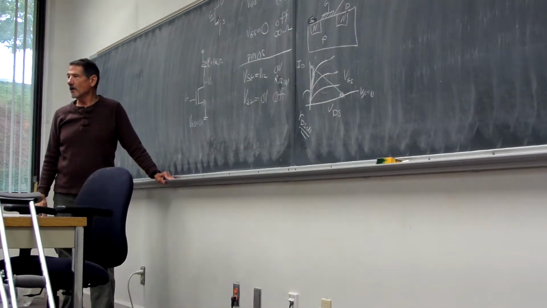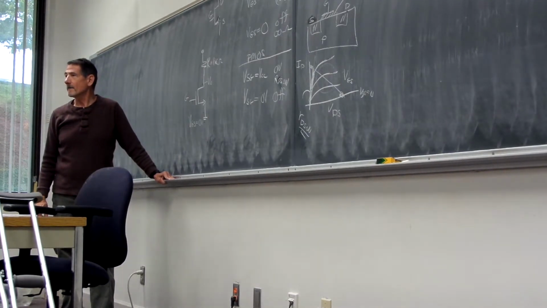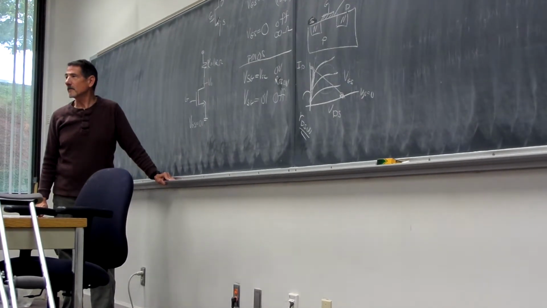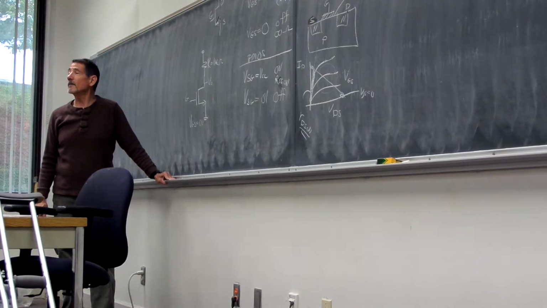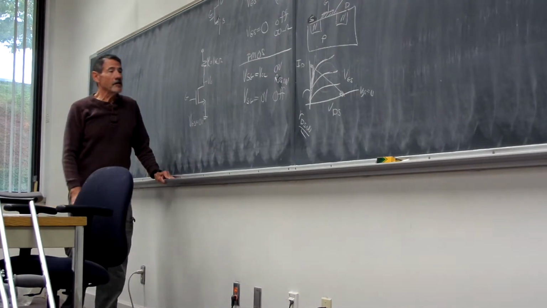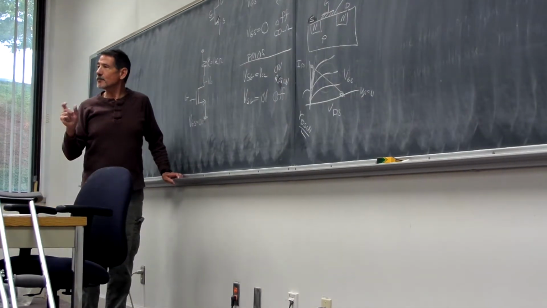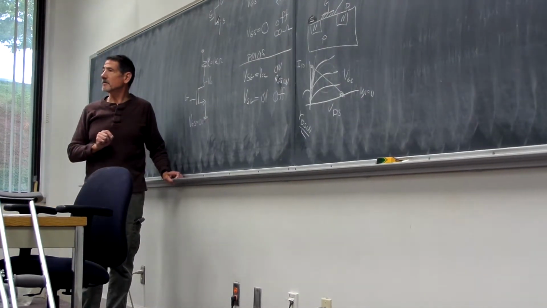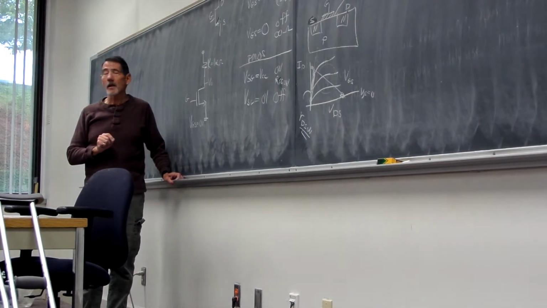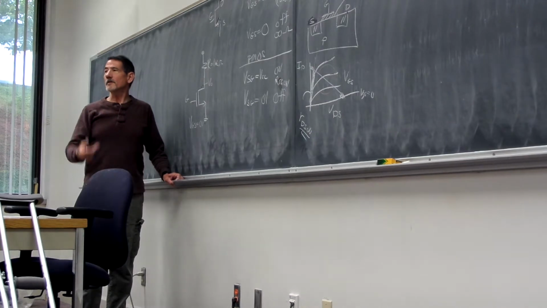So if my source to gate voltage is at 0 volts, is the device on or off? Off. It's off. So that means we represent this switch by an open circuit. Therefore, what is V out?